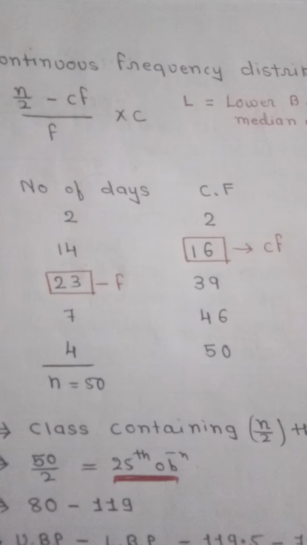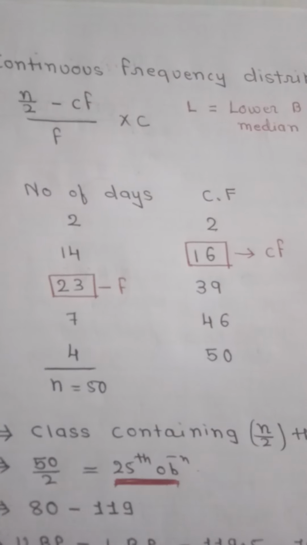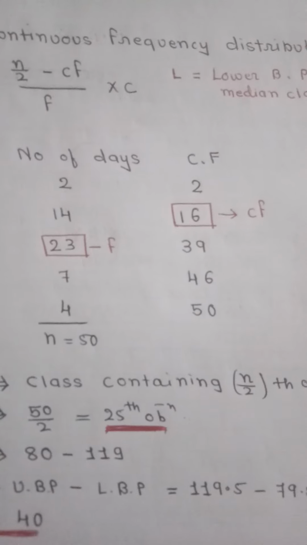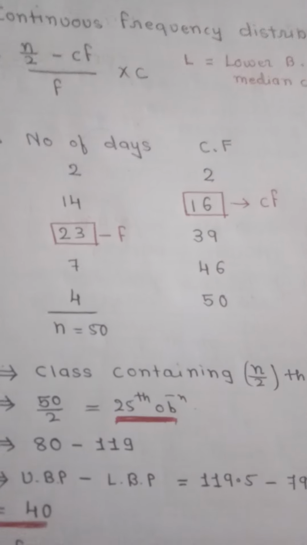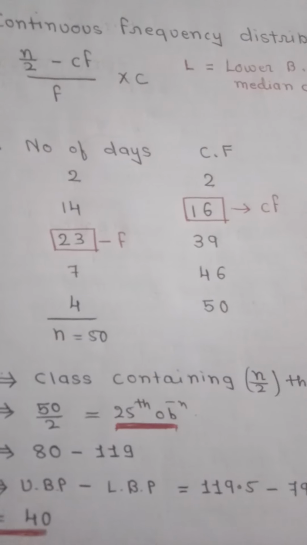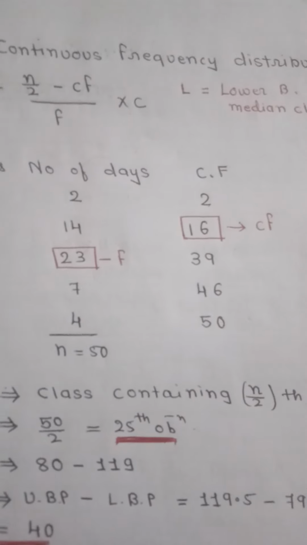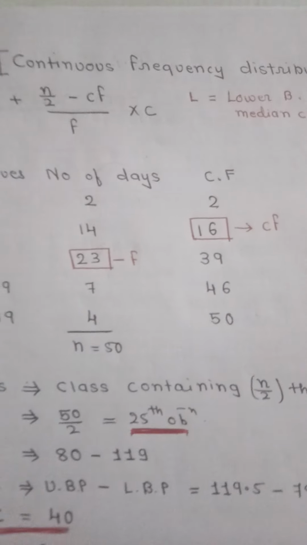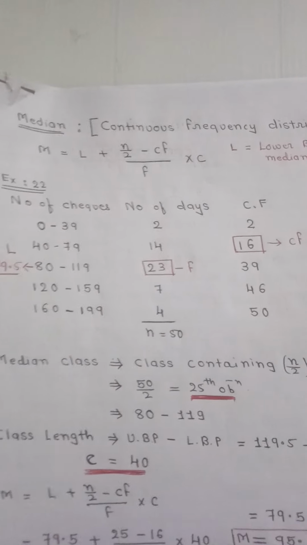Now first we have to find the median class. What is the median class? A class which contains the N/2th observation. Here N is 50, so 50 by 2 is the 25th observation. Till the 2nd observation it is in the first class. Next till 16 it is in the second class, that is 40 to 79.